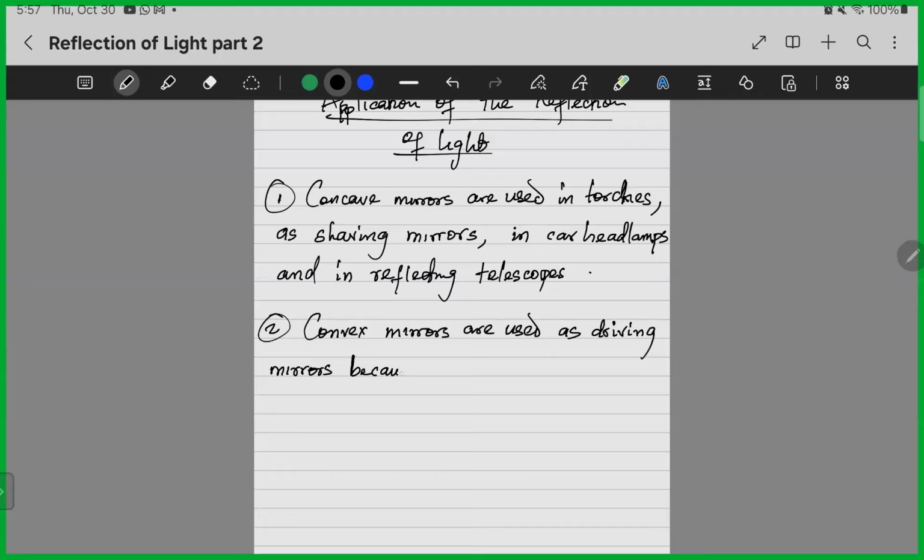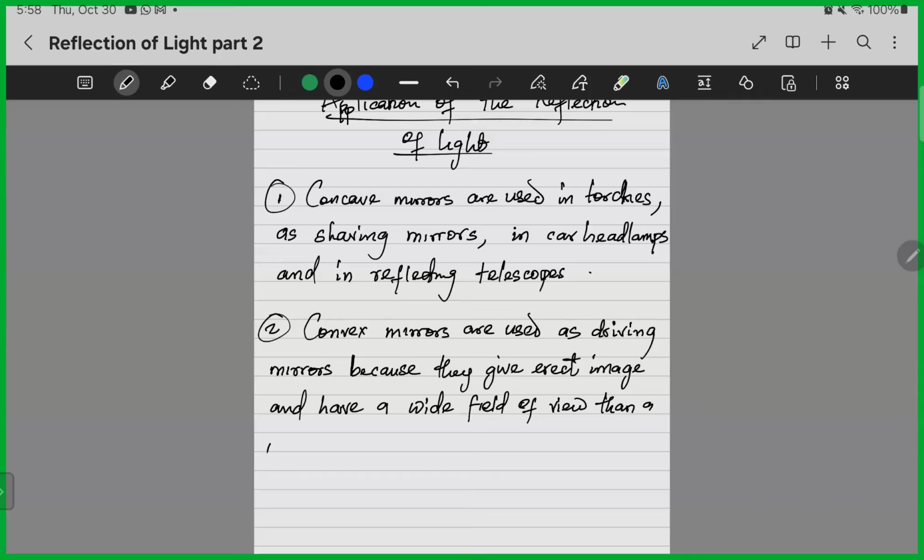And the reason is because they give erect image and have a wide field of view than a plain mirror of same diameter. So just keep this point in mind.